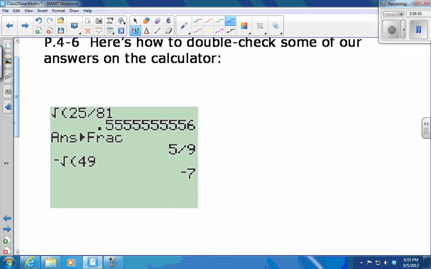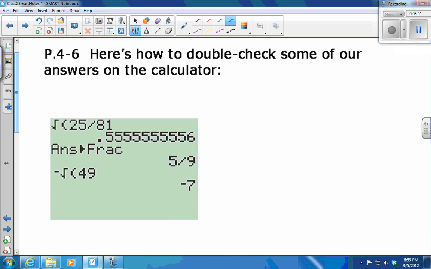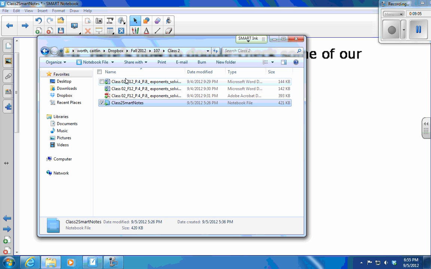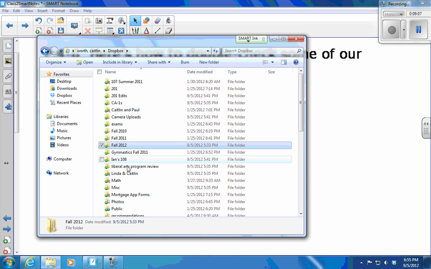Okay, here's a quick way you can double check on your calculator. You can just use the square root button, type in 25 over 81, and then change your answer to a fraction. So let me pull up my virtual graphing calculator.